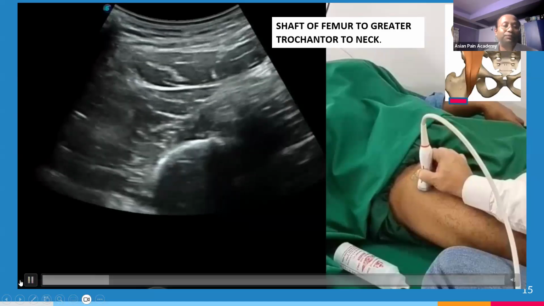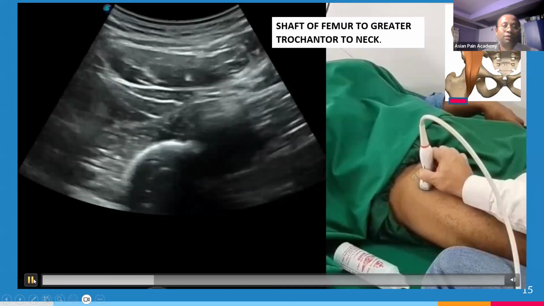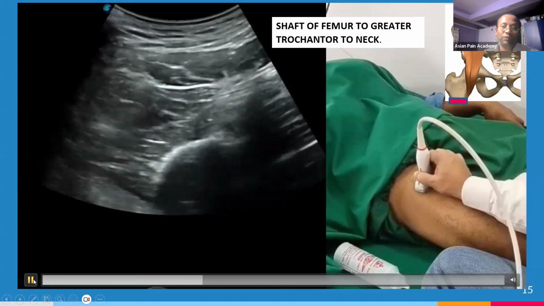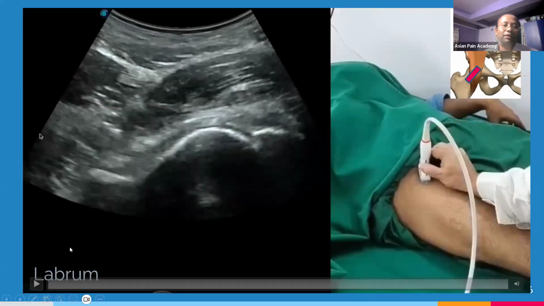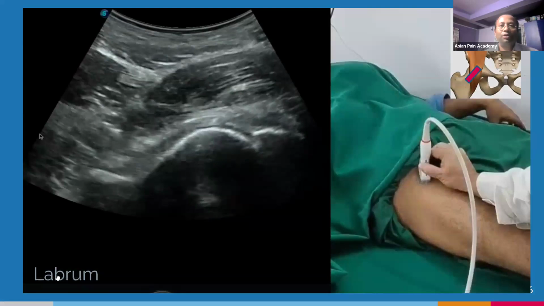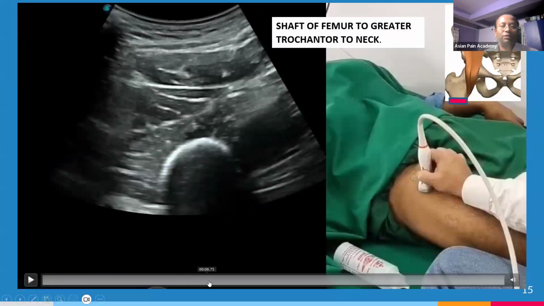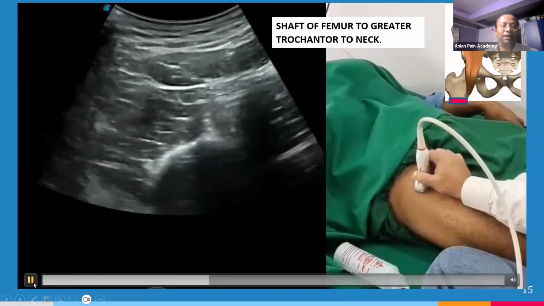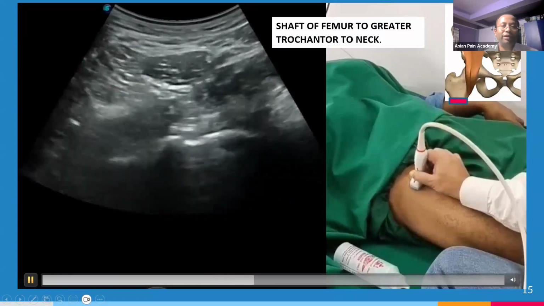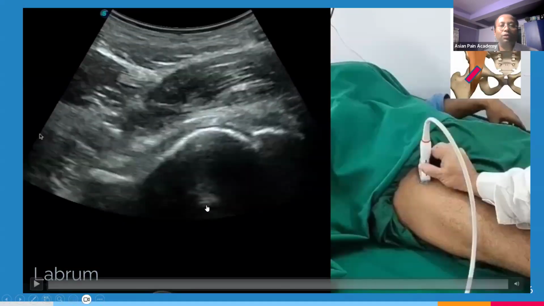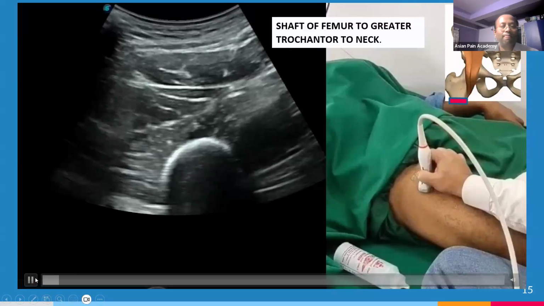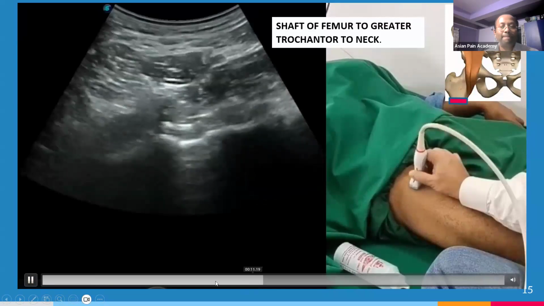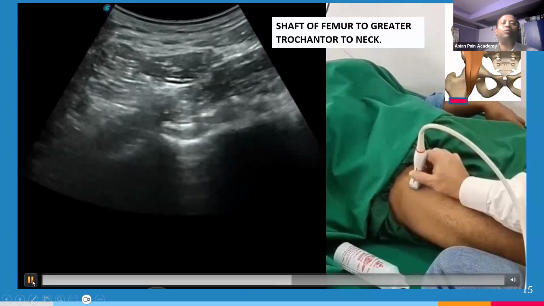So after that, now I am going even up. So here, lesser trochanter area, then I am going even upper side. So at this point, you will see there are two lines.